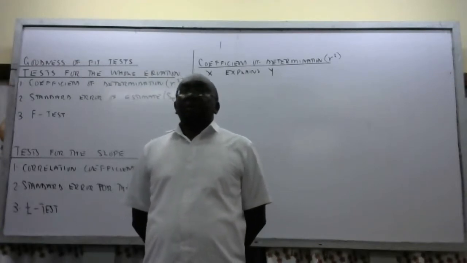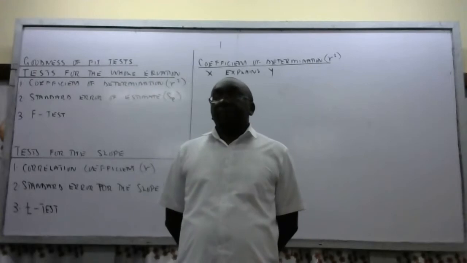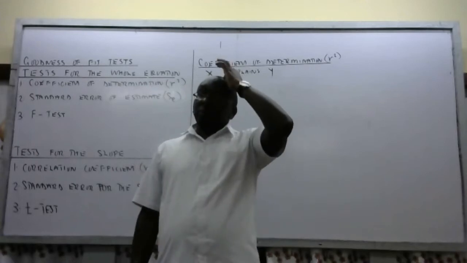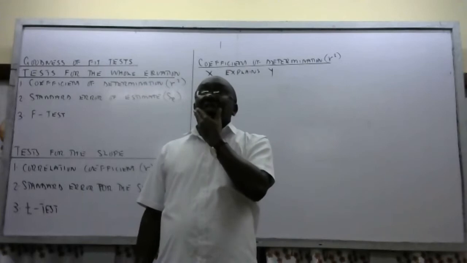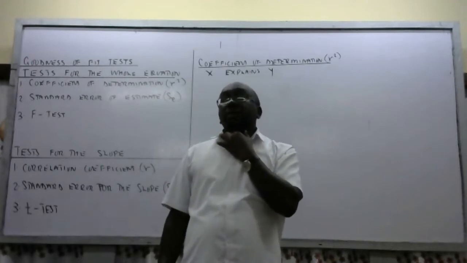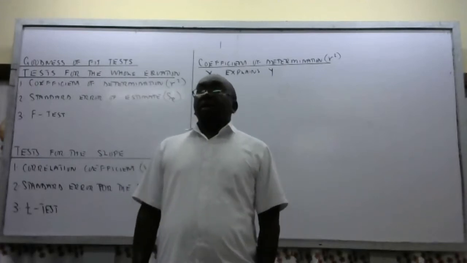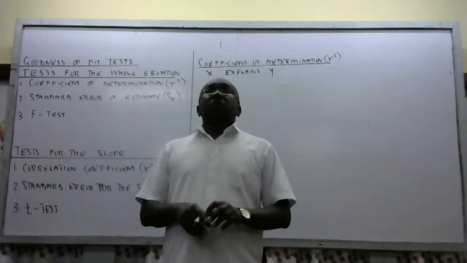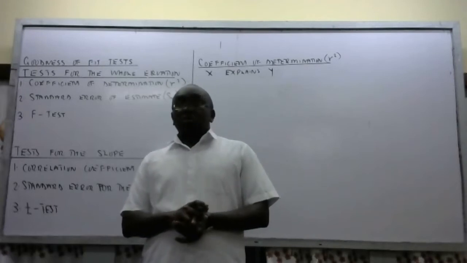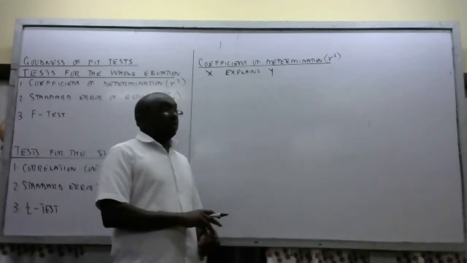A relationship with a value of at least 80% should be accepted, while the one with below 60% should be rejected.